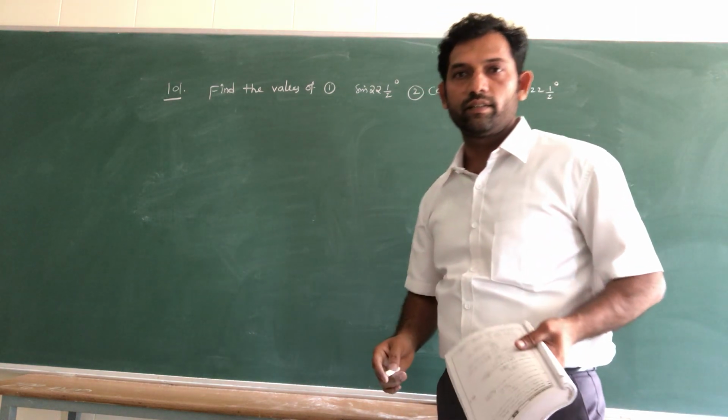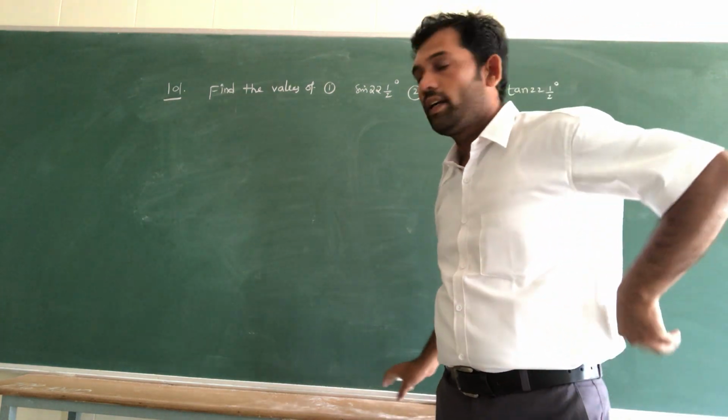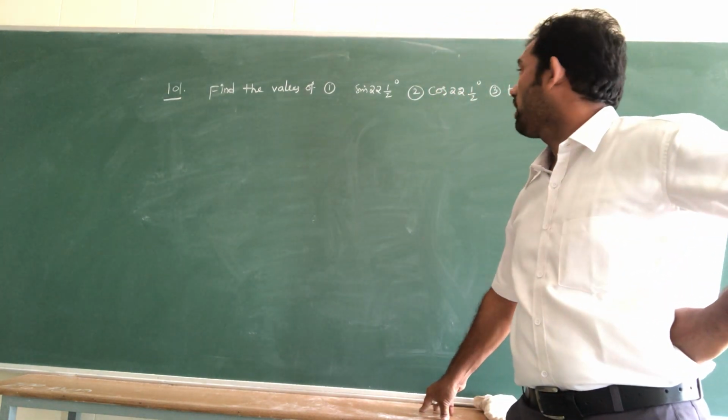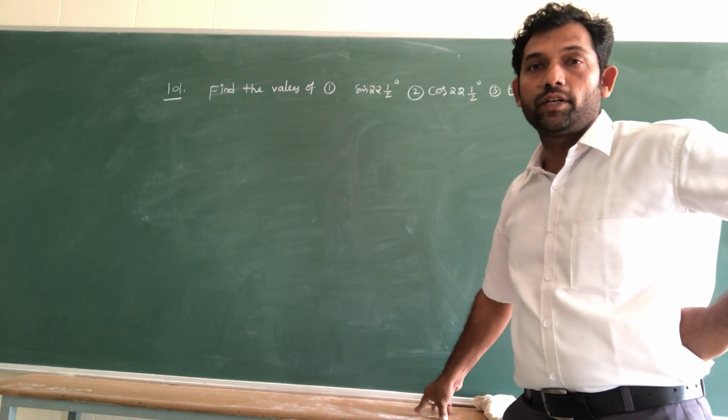So using the above formula we can calculate sin 22.5, cos 22.5, tan 22.5.